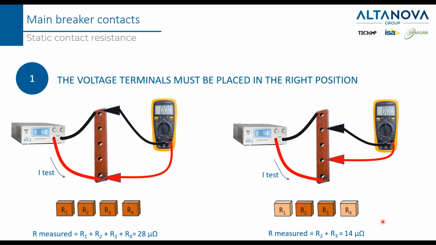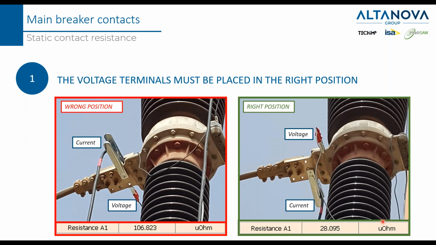This must be very well understood because when you are in a substation, you can easily make this kind of mistake. You can have a look. This is the current wire, and this is the voltage terminal. If you place the voltage terminal here, you can get a result of 106 micro ohms.